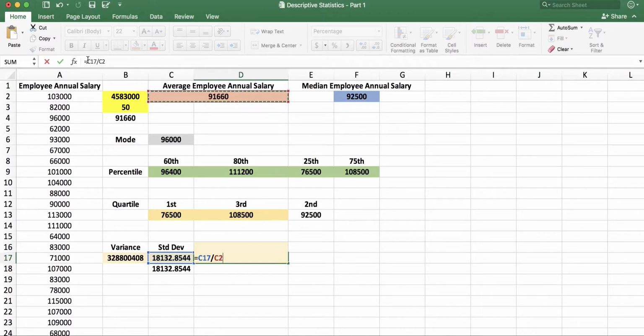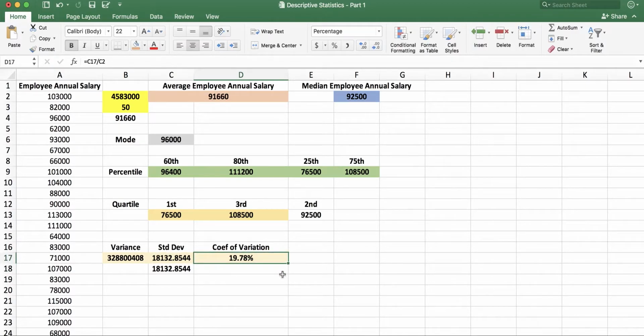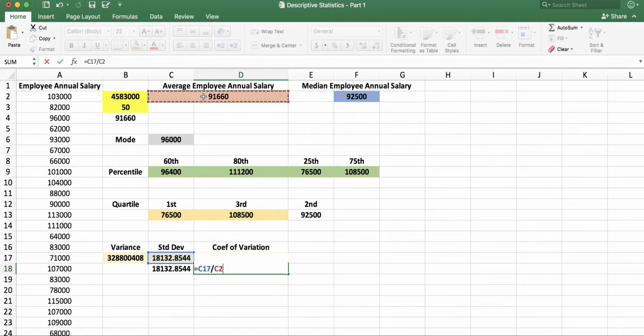So what you can do is you can either format this cell as a percentage, or you can basically divide the standard deviation by the mean and multiply this value by 100.